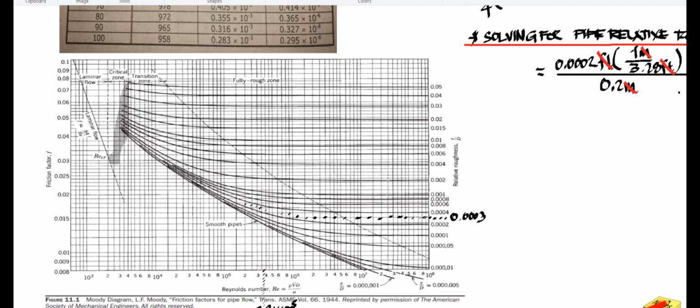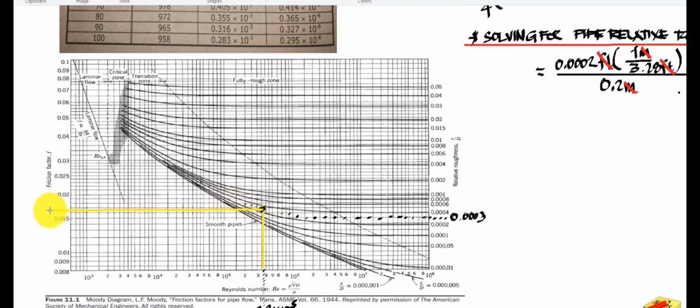For the intersection, I'm going to plot the line here, and it is somewhere here. This will be the intersection of the Reynolds number and the relative roughness. So we have the corresponding friction factor on the other side.